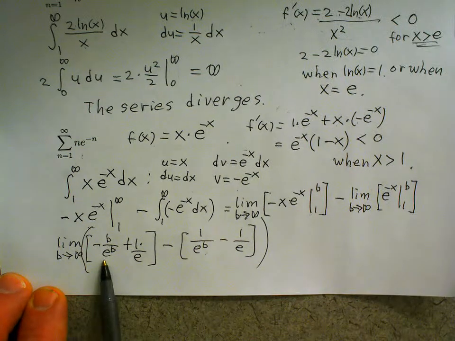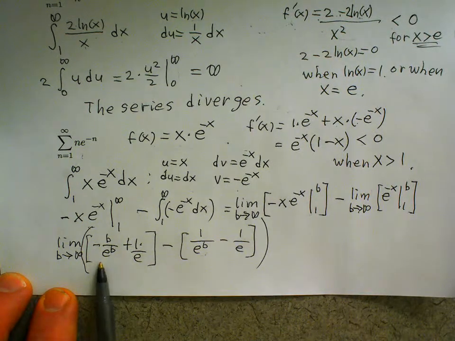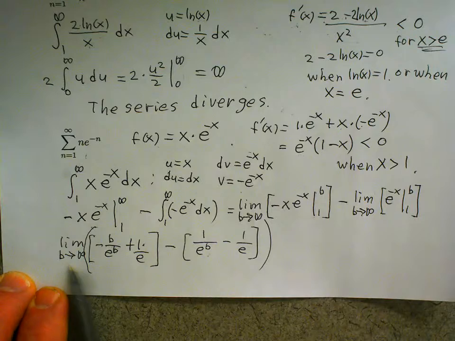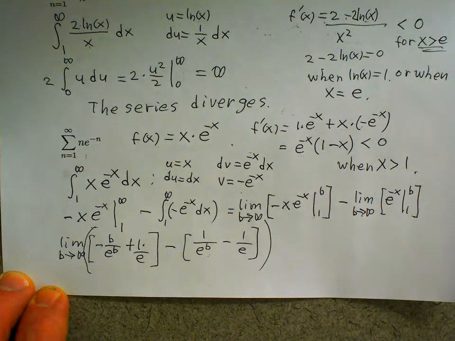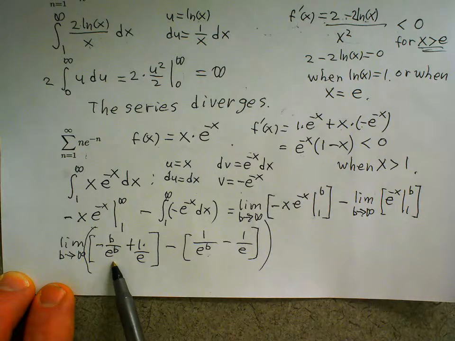So here, when we allow b to go to infinity, we have infinity over infinity. So using L'Hopital's rule, this will become negative 1 over e to the b, right? So this term will go to 0.